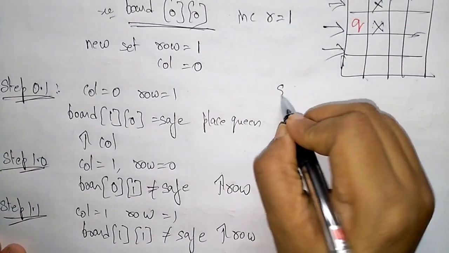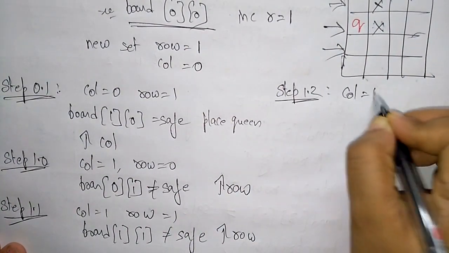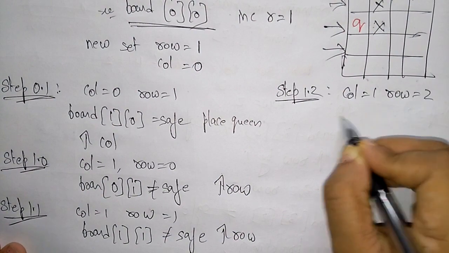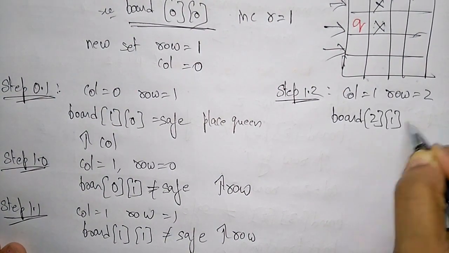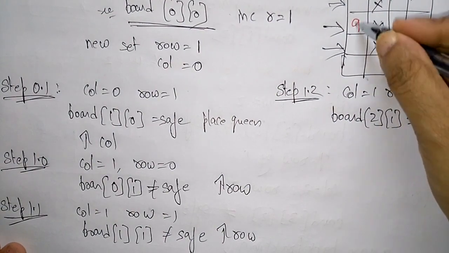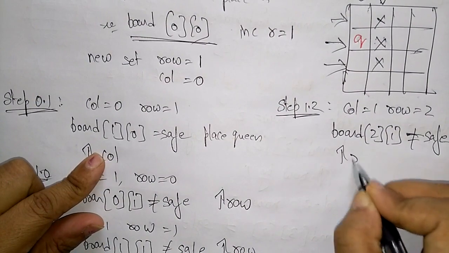Again check. Step 1.2, column 1, row 2. Is board of second row, first column safe? No, it is not safe because it is forming a diagonal. So increment row.